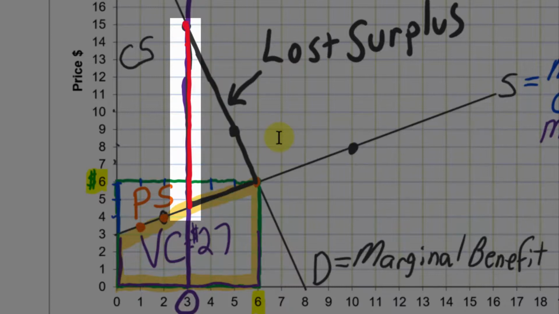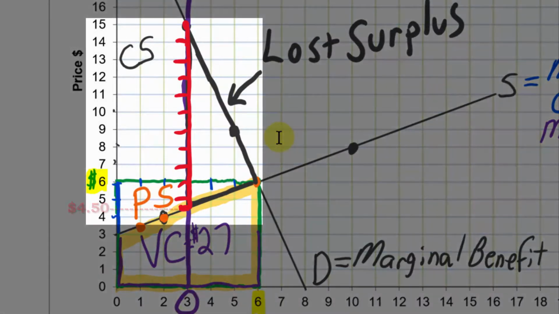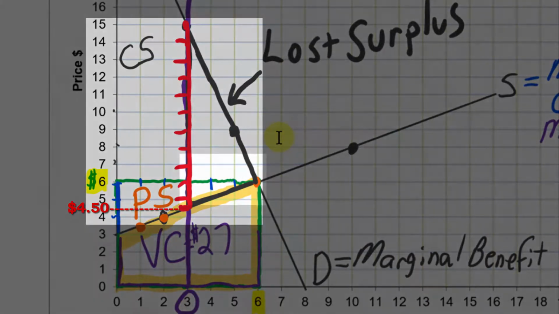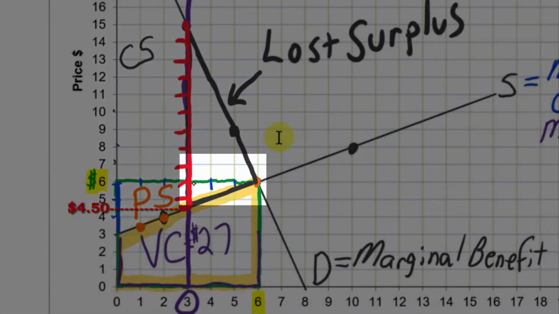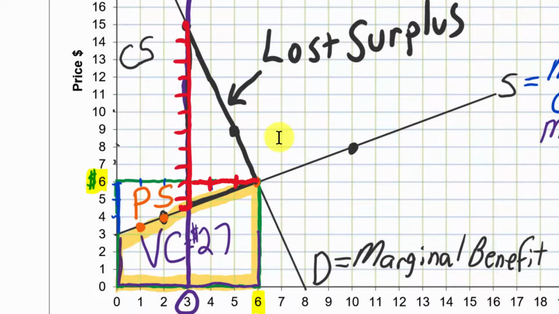Well, let's see. 1, 2, 3, 4, 5, 6, 7, 8, 9, 10 and a half. It goes to $4.50 there. And the height of the triangle is from the bottom to the highest point. 1, 2, 3. So that lost surplus is going to be 1/2 times 10.5 times 3.